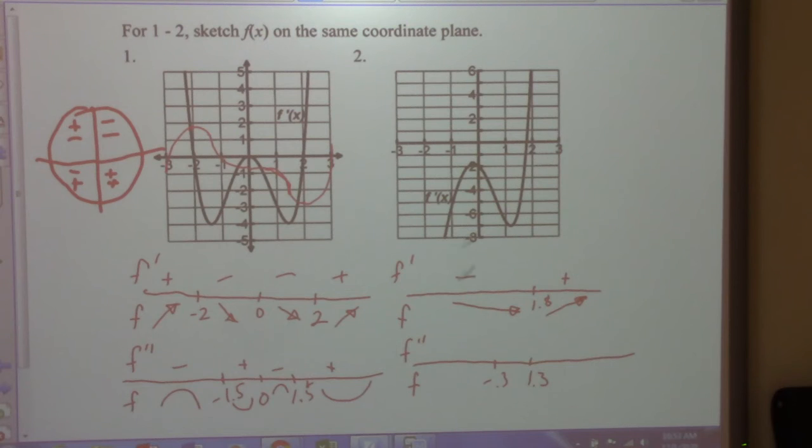And then it looks like we're increasing here, so increasing, this is going to be this shape here. And between negative 0.3 and 1.3, that's going to be decreasing, so that'll be concave down. And then from 1.3 on, it looks like we're concave up again. Does that look right? That's what I said.